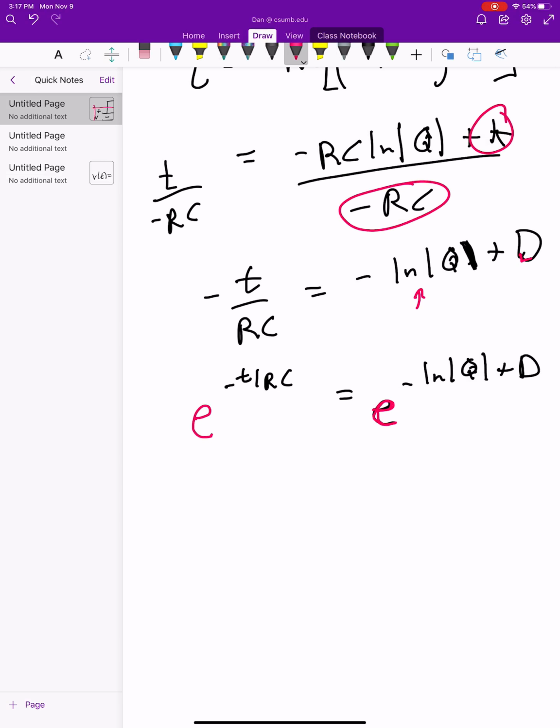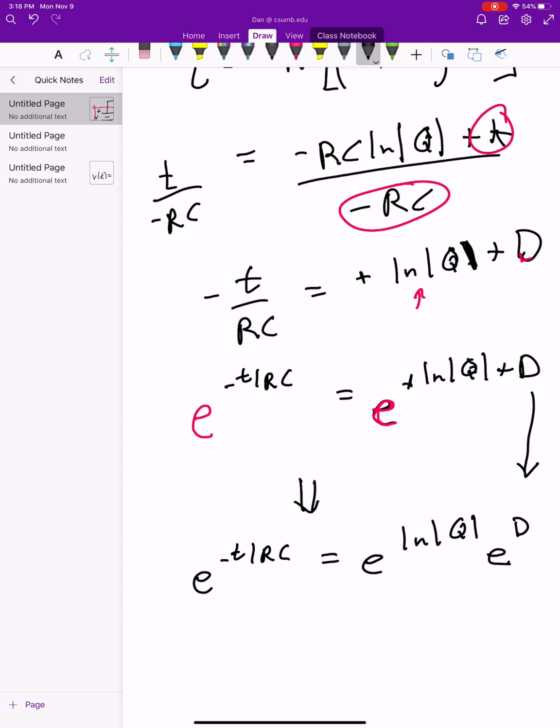Then that becomes e to the minus t divided by RC equals e to the ln of q, sorry, there's no minus. So this constant d is now e to the d, so it's just another constant. This is still a constant.